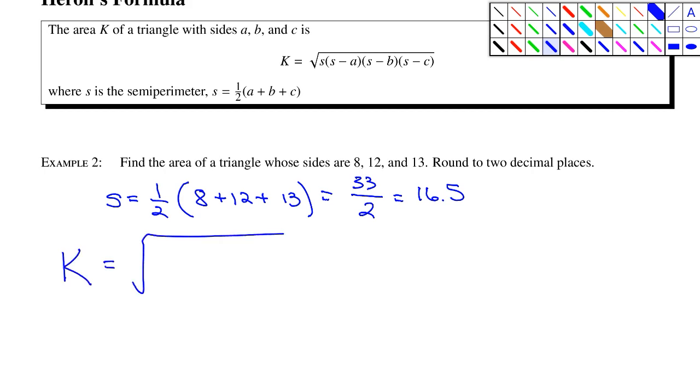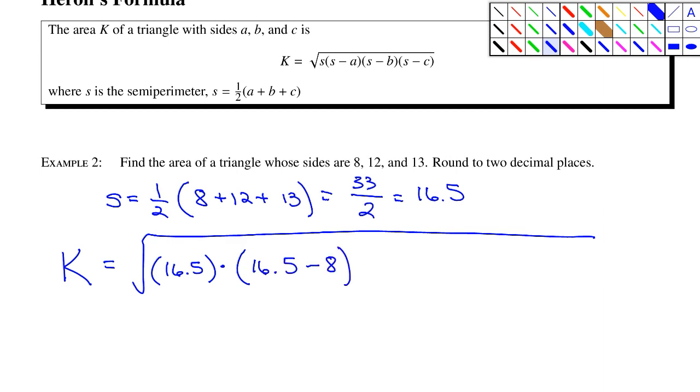So it's going to be the square root of 16.5 times 16.5 minus 8 times 16.5 minus 12 times 16.5 minus 13.